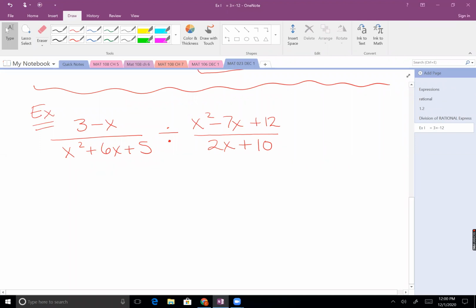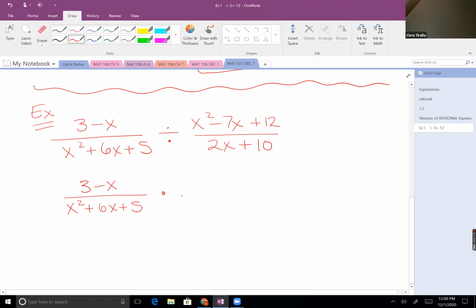Okay. Ready? Yep. So first, I'm going to rewrite it. First one stays the same. The division becomes multiplication, and I take the reciprocal of the second one.